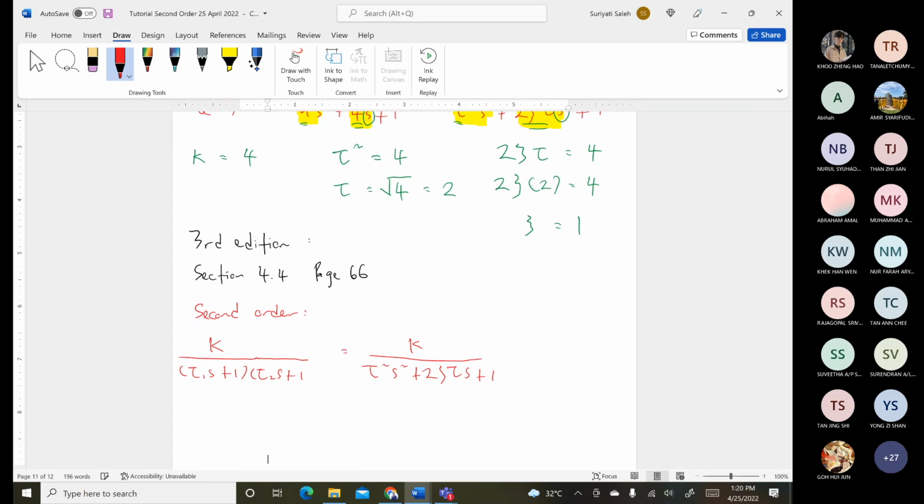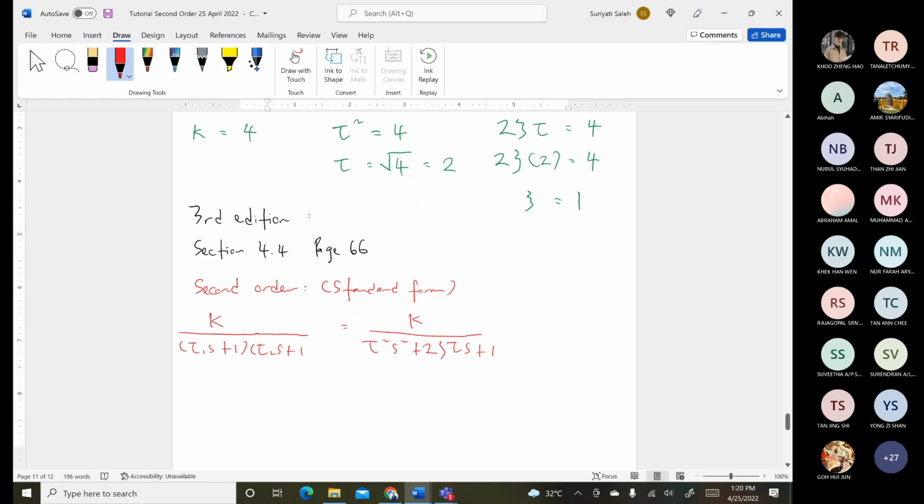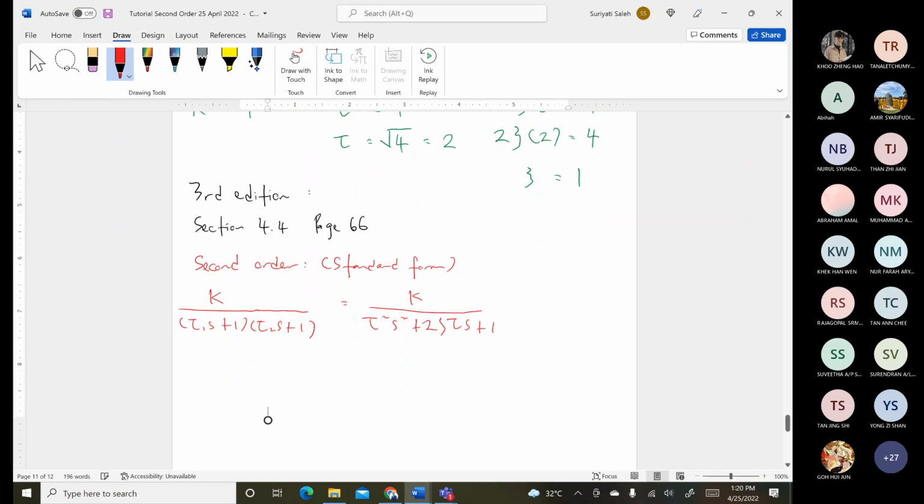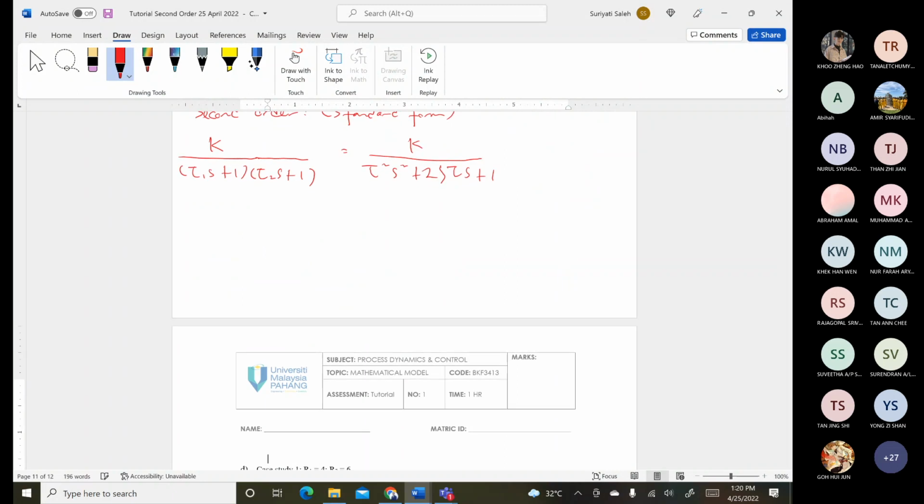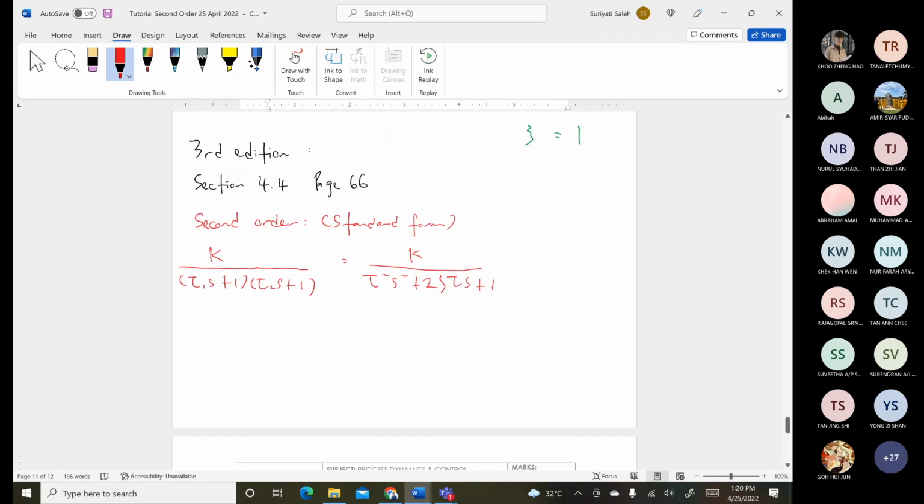So this is the standard form, either on the left hand side or the right hand side. Normally for the second order, they have 3 categories. In the first order, you don't have any category, but second order has different categories, which depend on the value of your damping.